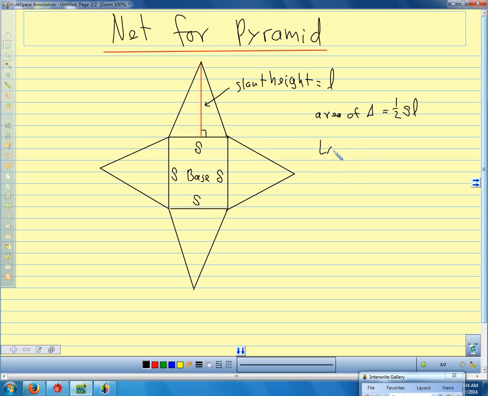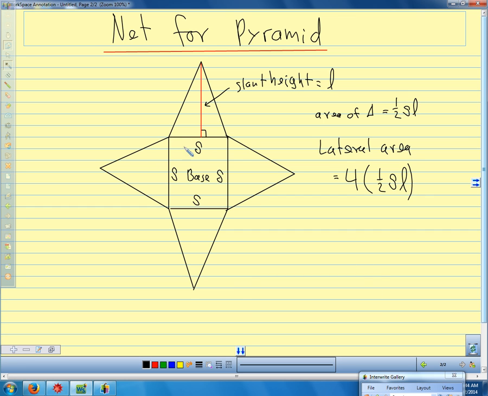So our lateral area, the area of the triangles, is for this pyramid 4 times 1/2 SL.